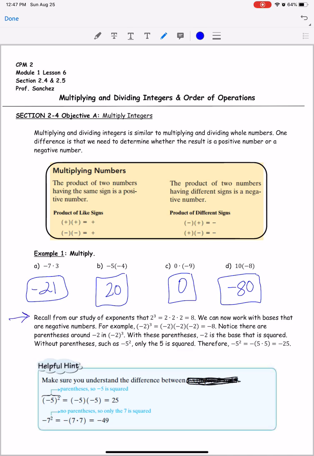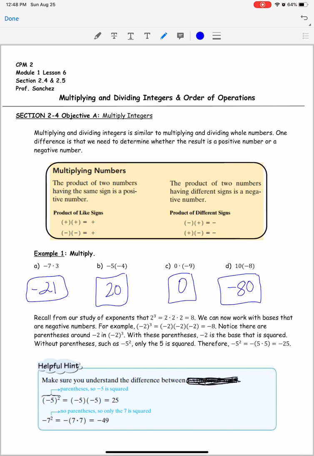Then from here, it says, recall from our study of exponents that 2 cubed is 2 times 2 times 2, which is 8. We now work with bases that have negative numbers. So for example, negative 2 in parentheses cubed is negative 2 times negative 2 times negative 2, and that is negative 8.